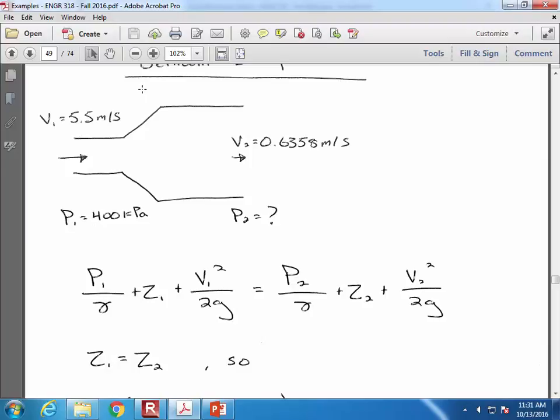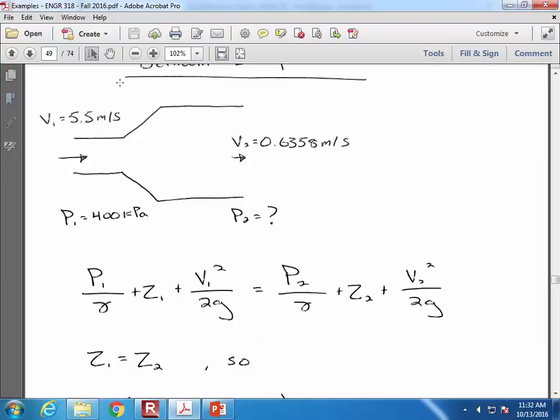Okay, we know the pressure at 1, the velocity at 1, the velocity at 2. We don't know the pressure at 2. And by inspection, just by looking at it, it seems that the horizontal orientation means that we can say Z1 equals Z2. So that's going to simplify Bernoulli's equation from what's written here.